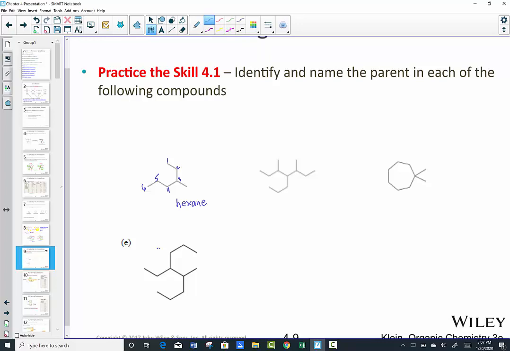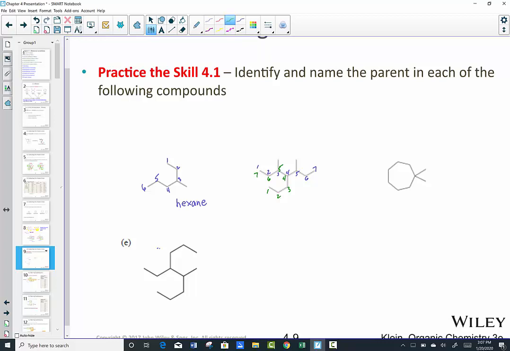Well, the second structure looks interesting. Let's go 1, 2, 3, 4, 5, 6, 7. If I number straight across, I come up with 7. Can I find anything else? Let's see. 1, 2, 3, 4, and I'll go left. 5, 6, 7. All right, so that's also 7.